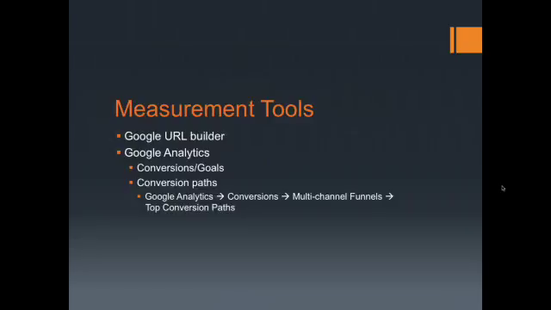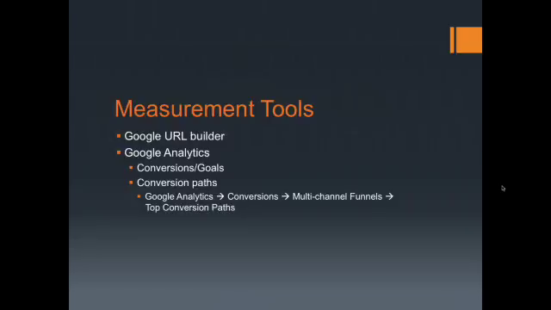But the two that we're going to need for the second half of this webinar, the first one is the Google URL Builder. So this tool, if you're familiar with the tool, is by Google, and you can actually just Google the term Google URL Builder. This tool allows us to build a URL or a website address from our current website address and attach some information to that URL.